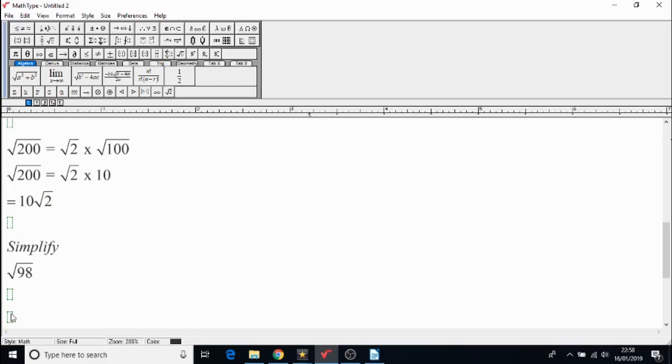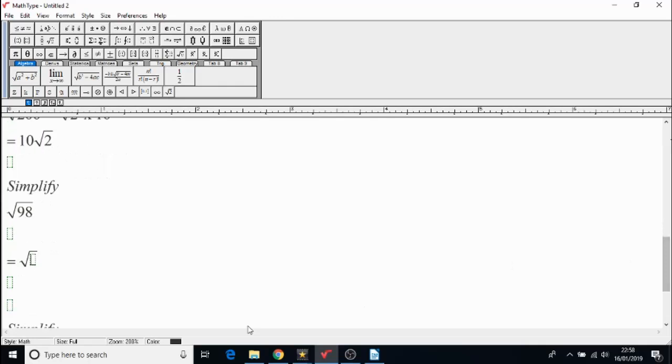Square root of 98. Again, important to know your multiples. What goes into 98? What are its factors?